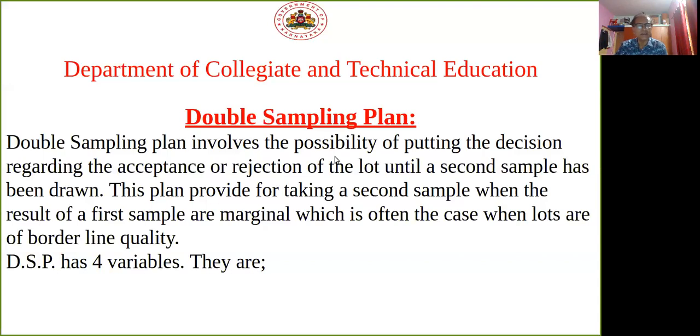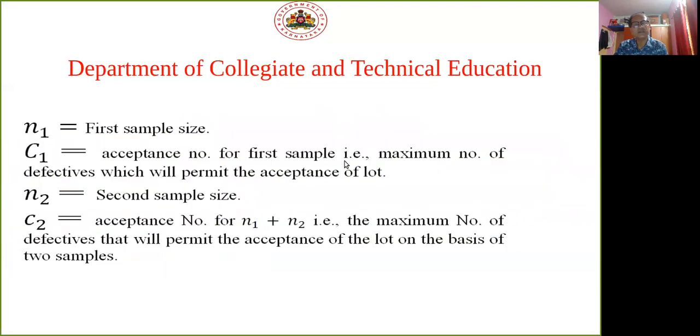The double sampling plan has four variables. Like in the single sampling plan, there is a sample size n and the acceptance number.